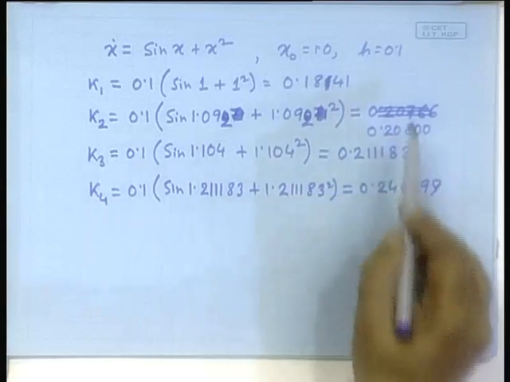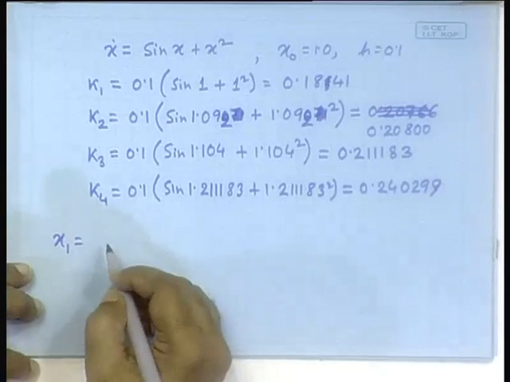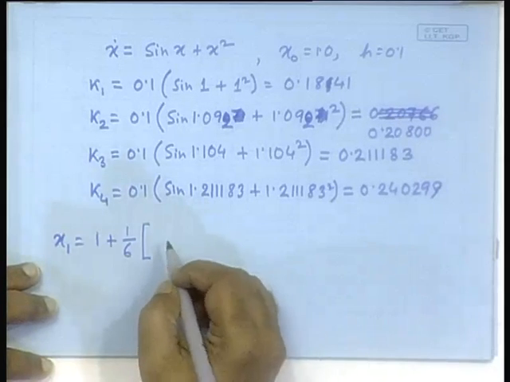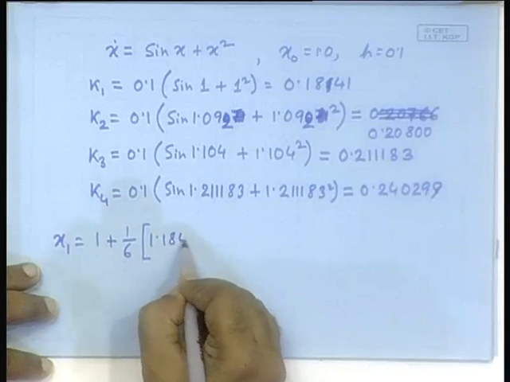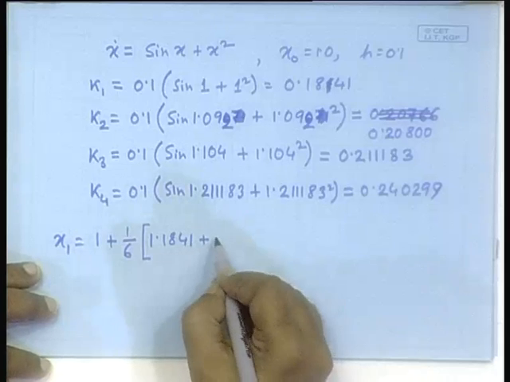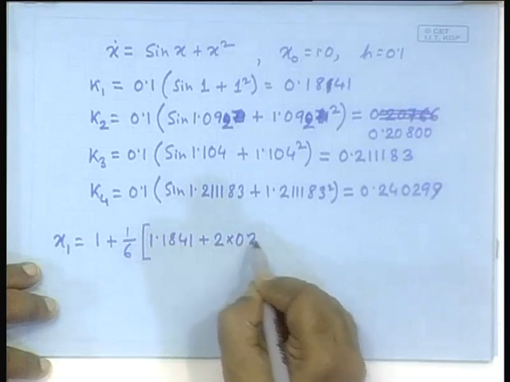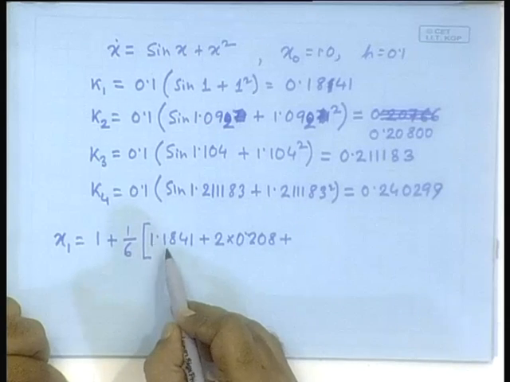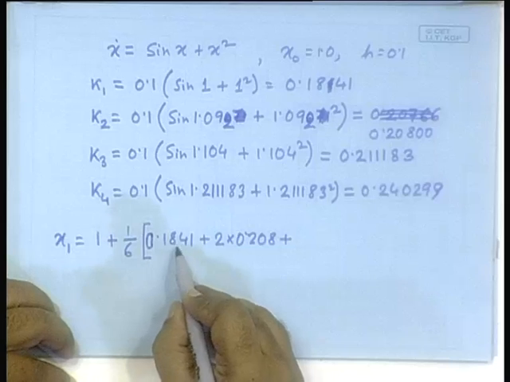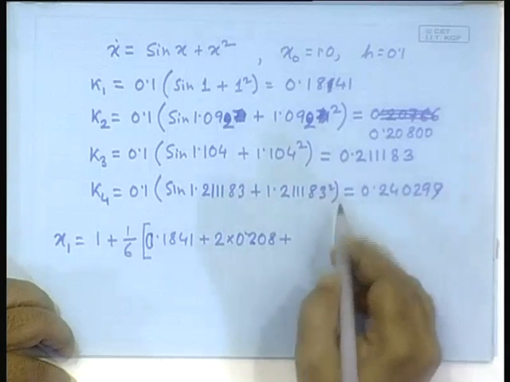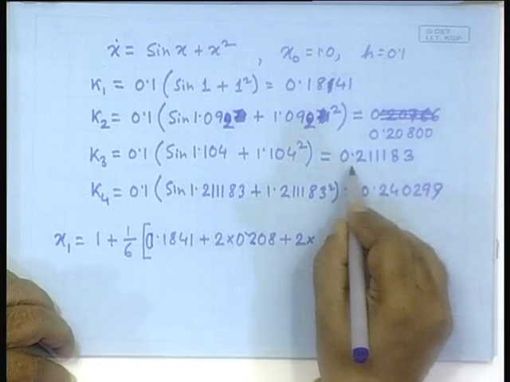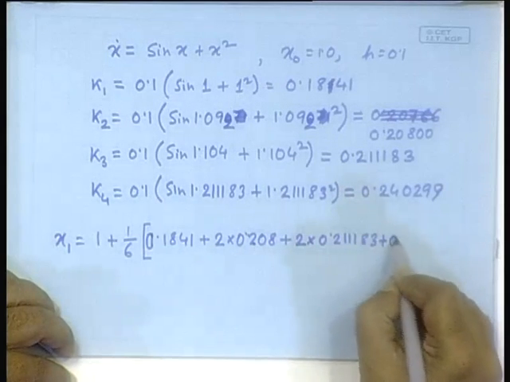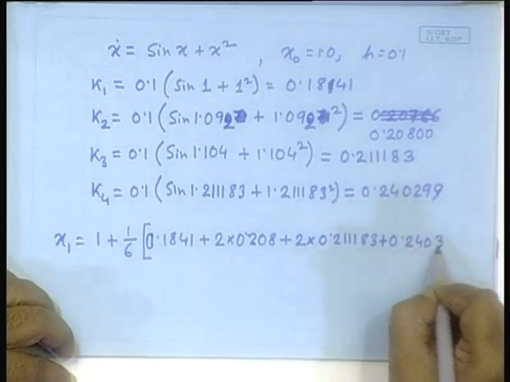Okay, fine. So, we have calculated the k's. Now, your x 1 will be x naught plus 1/6 of k 1, which is 0.1841, plus 2 into 0.208, plus 2 into 0.211183, plus k 4, which is approximately 0.240299.